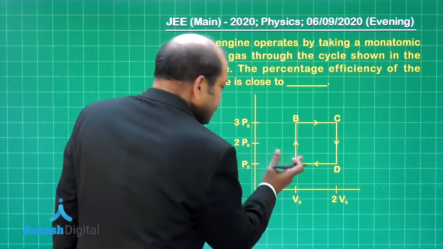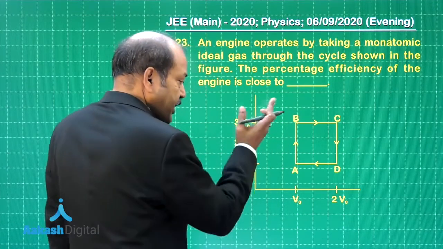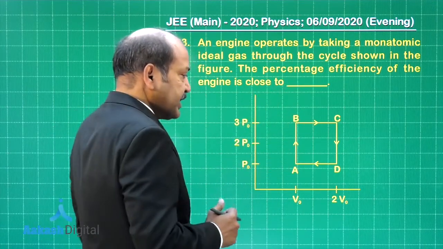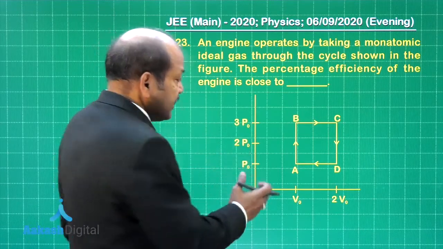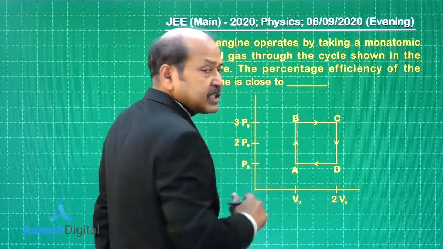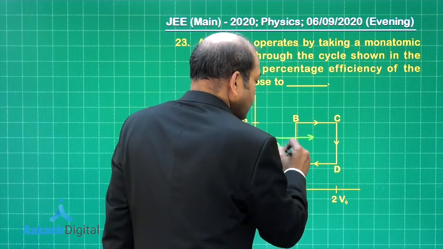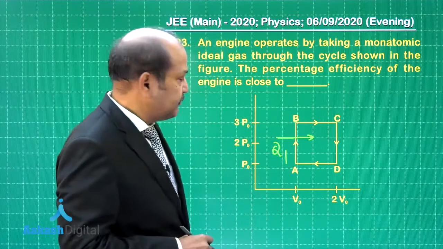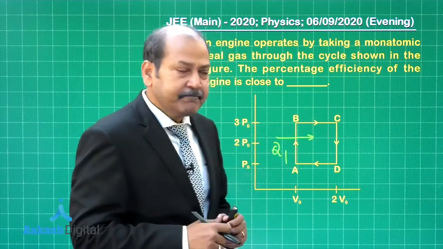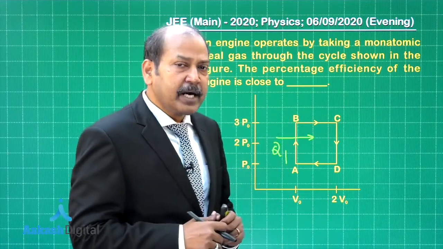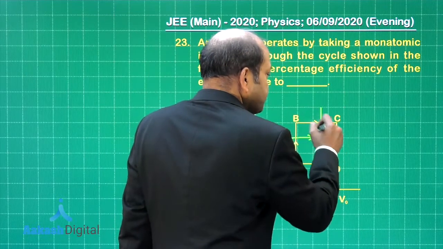We notice that the process AB is an isochoric process in which the pressure is increasing. So while the work done is 0, the system is absorbing some amount of heat. Let's call that heat Q1. Similarly, the process BC is an isobaric expansion and some amount of heat is being absorbed here too.